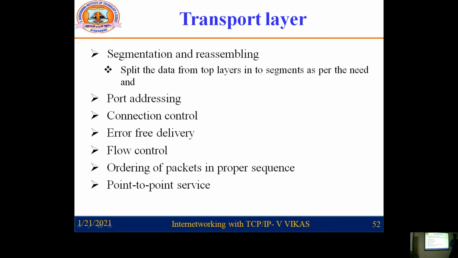Whatever the presentation and session layer functionalities were, those are divided between the application layer and the transport layer. We eliminate those two layers and give that responsibility to the application layer and transport layer in TCP/IP. So the tasks like session establishment, maintenance, and termination, we call here connection establishment, connection maintenance, and connection termination. So as I said, we are going to have connection establishment.